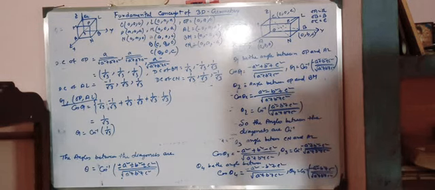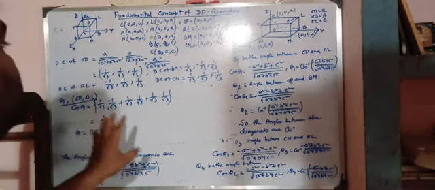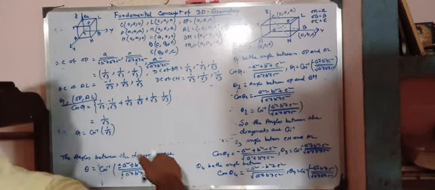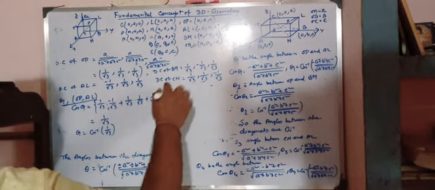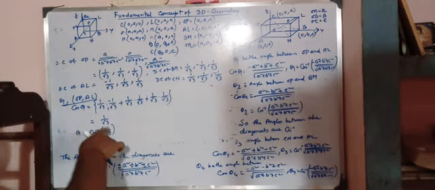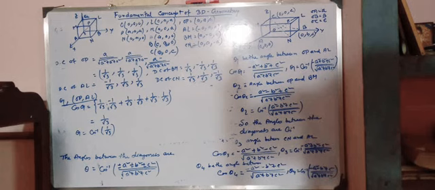Similarly, if we calculate, we can get the angle between the other pairs, that is AL and BM, BM and CN, and CN and OP. That also comes out as cos inverse 1 by root 3.